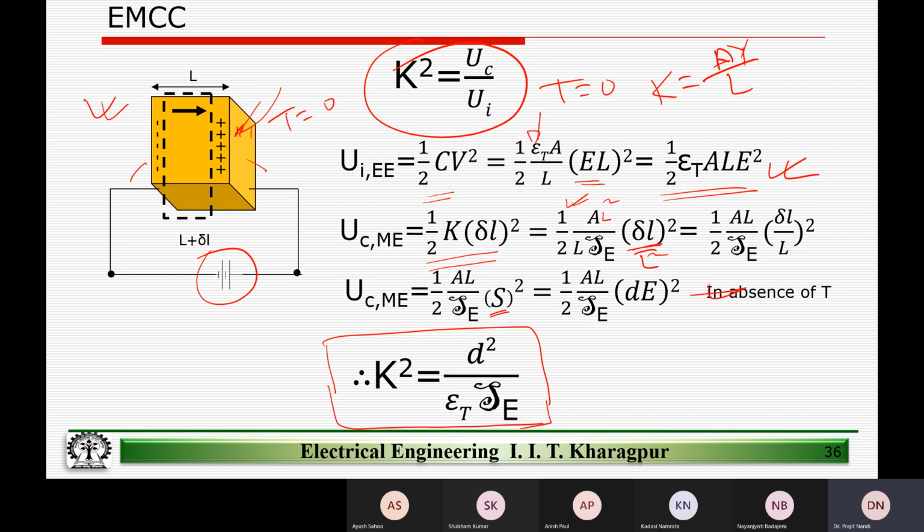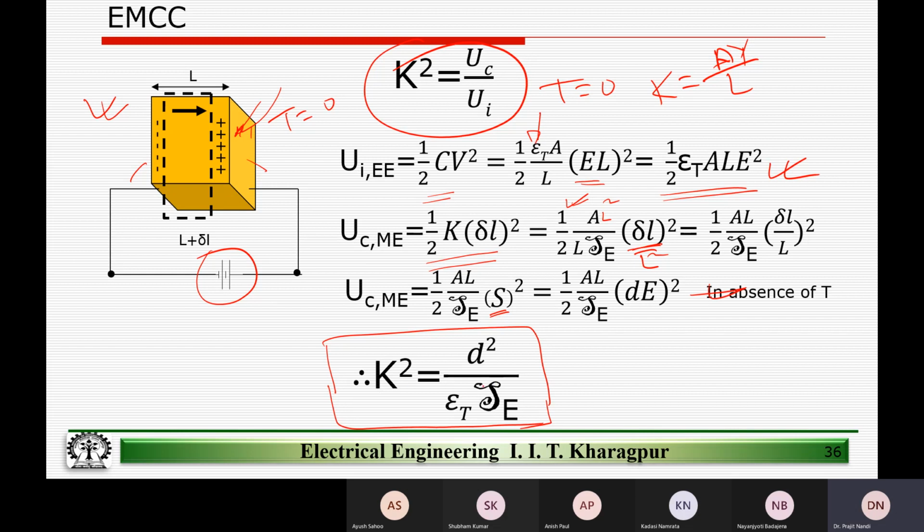For example, the fact that k square, a figure of merit, will be better can be easily understood by the fact that if the piezoelectric coefficient d is higher, k square will be higher. That is intuitive enough, right?